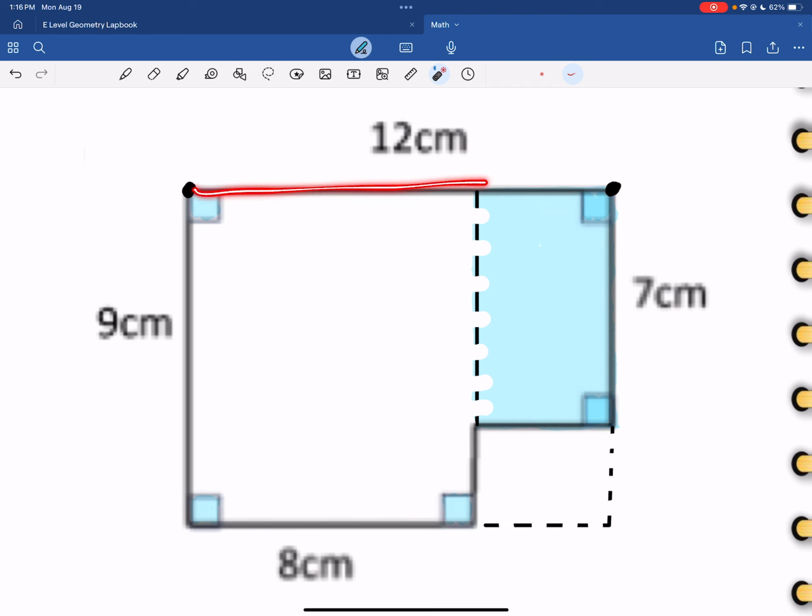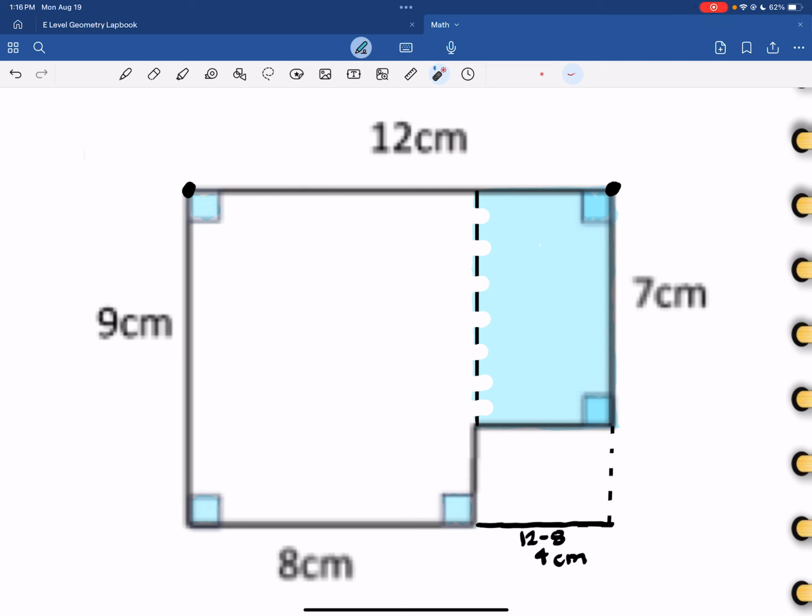So if this is 12 and this is 8, how could I find that bottom dashed line? Well, I could say 12 minus 8 is 4. So this one is 4 centimeters.